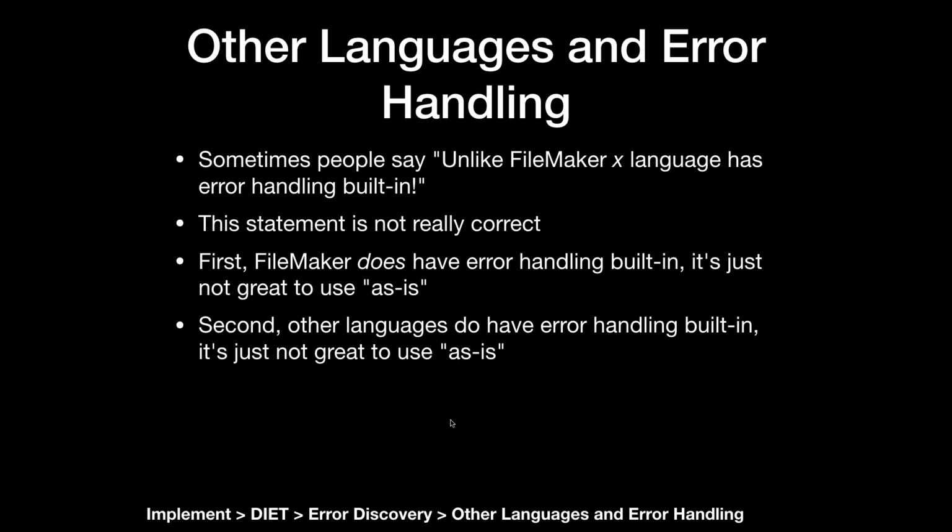But other languages, yes, they have error handling built in, but also no serious application built in those languages is going to only use it as is and not write any error handling code. You may get a slightly different level, as in JavaScript, which will stop execution on its own in a way FileMaker might not, but you'd still be mad to use that in a production environment as your only error handling.